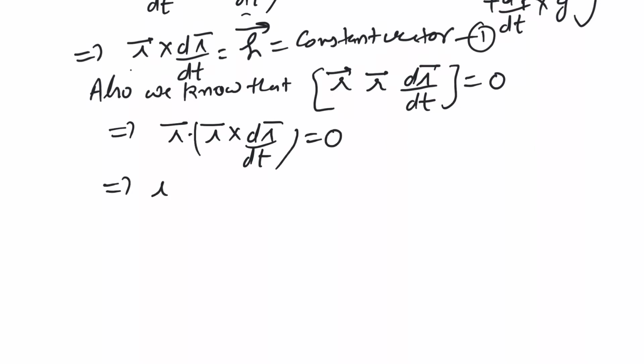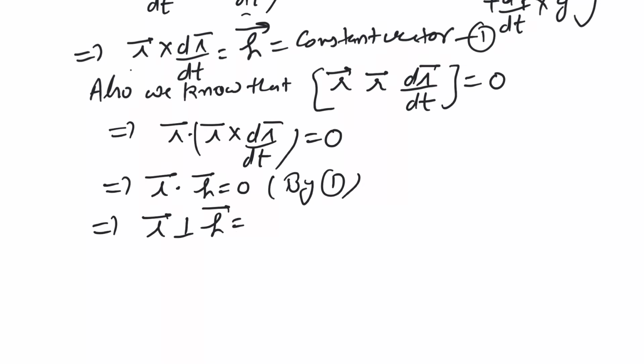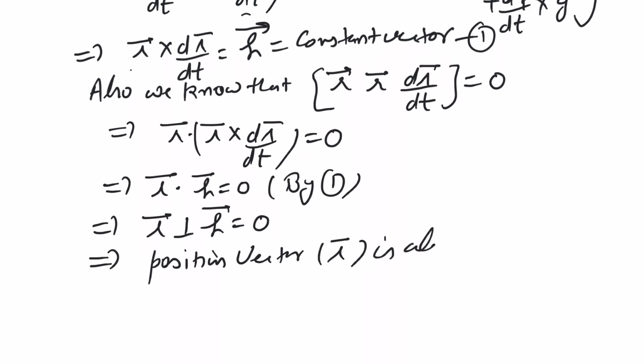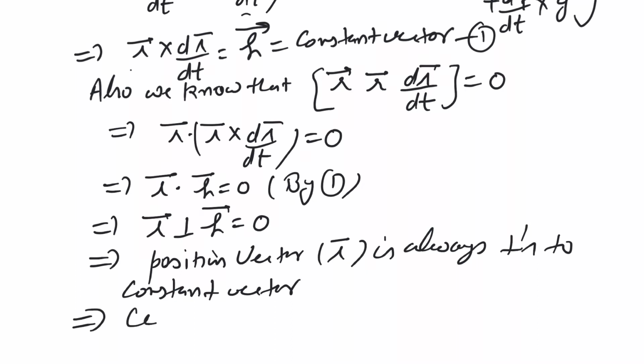This implies that r dot h is equal to 0 by 1, which implies the position vector r is always perpendicular to the constant vector h. This implies that the central orbit curve is planar.